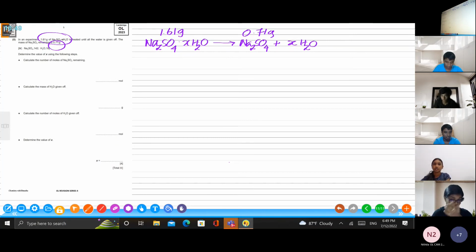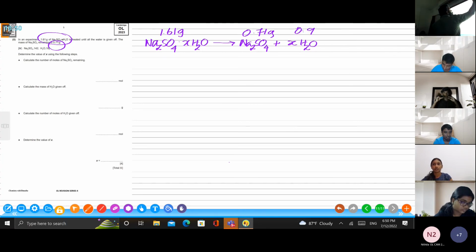In physics, the conservation of energy. In chemistry, conservation of mass in chemical reactions. Therefore, this compound became these two compounds. So any other mass that is not here should be what? Mass of water. Right? So when you subtract these two, this is 0.9, isn't it? 0.9 grams is going to be water. So we know that too.